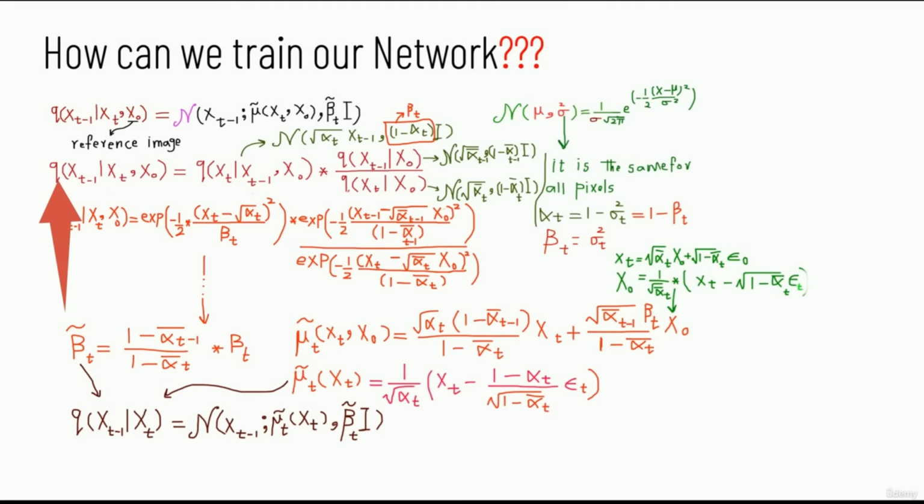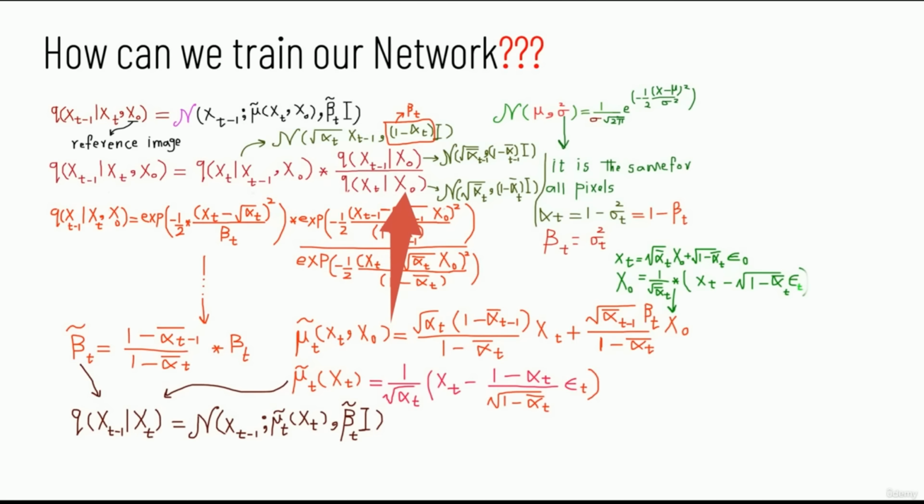The distribution of xt minus 1 given xt and x0 is equal to the distribution of xt given xt minus 1 and x0, times the distribution of xt minus 1 given x0, divided by the distribution of xt given x0. We put x0 here because it is difficult to find the distribution of xt if we don't have the value of x0.